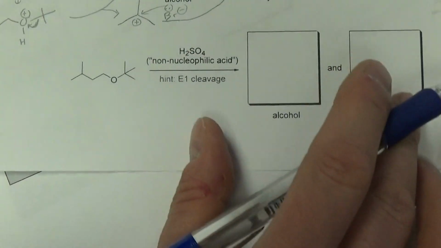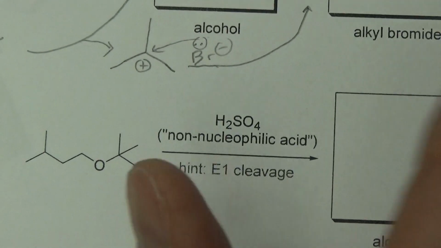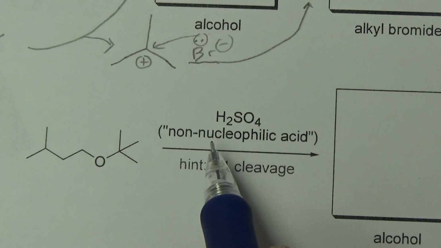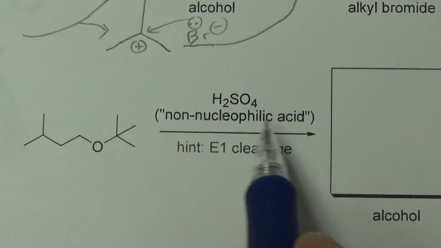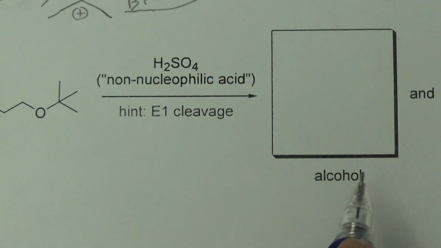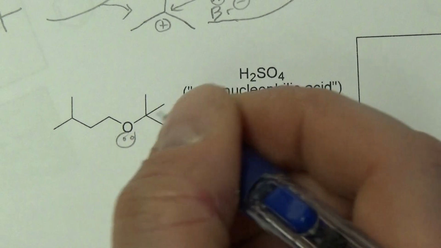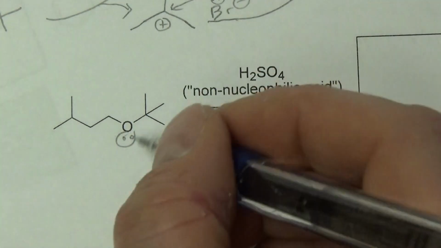Now what happens if you do, we're only showing the example of a tertiary with a non-nucleophilic acid. So non-nucleophilic acid like H2SO4, tertiary, and that's going to do an E1 cleavage to make an alcohol and an alkene. So how does that work? Same way, so we're going to start with the oxygen, draw the protonated ether.